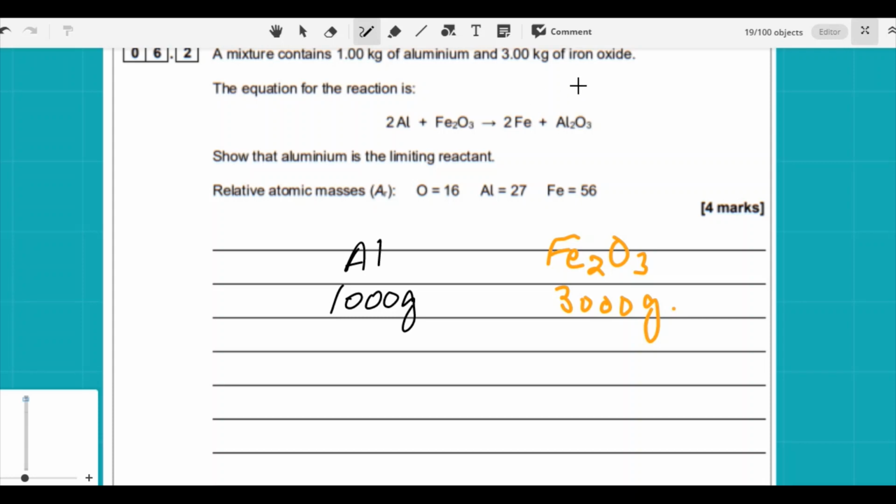Now, as you know, moles N1 is equal to mass divided by the molar mass. So aluminum is 27, so you have to divide here by 27, while for the iron oxide, N2, the moles equal 3000 grams divided by the molar mass.